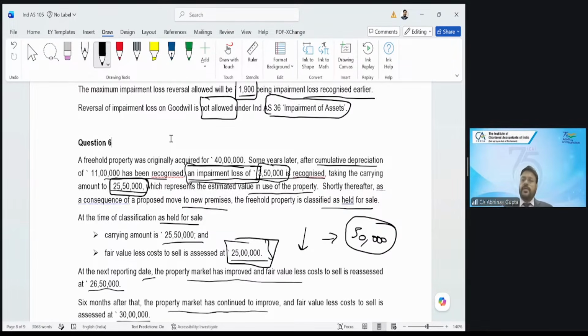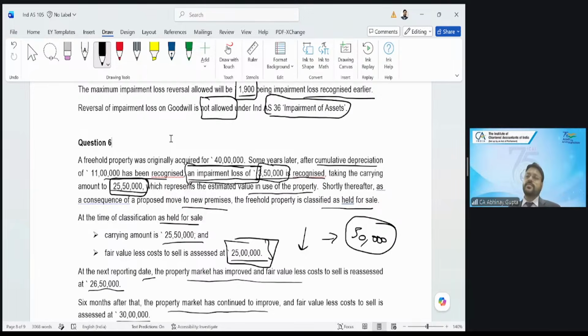And then until the sale happens, at each reporting date we will continue to remeasure the fair value less cost to sell. And if there is an increase on the subsequent reporting date in the fair value less cost to sell of this disposal group, then the increase will be recognized in the statement of profit and loss, right?